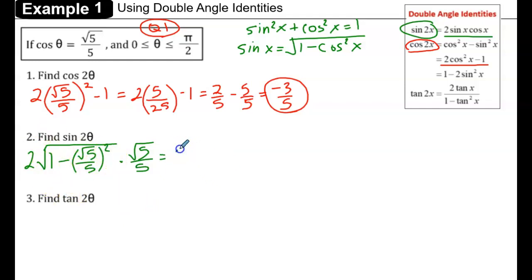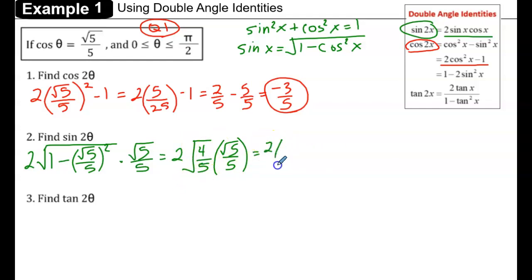Underneath of the square root, we have 1 minus 1/5 when we square this fraction, and that's going to be 5/5 minus 1/5, which is 4/5, and that's times root 5 over 5. And then when we square root a whole fraction, we square root the numerator, we square root the denominator.